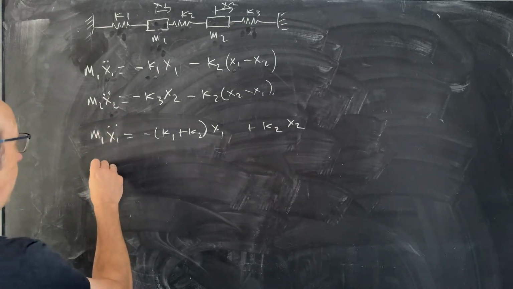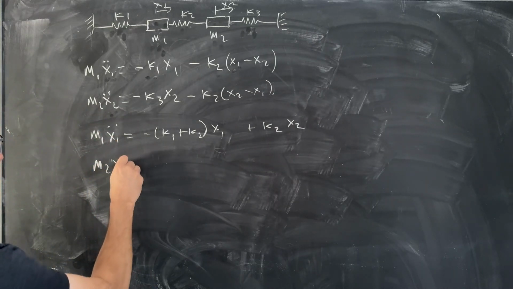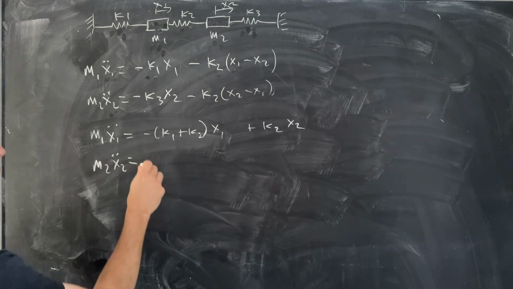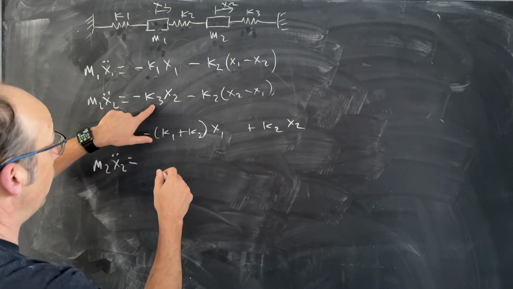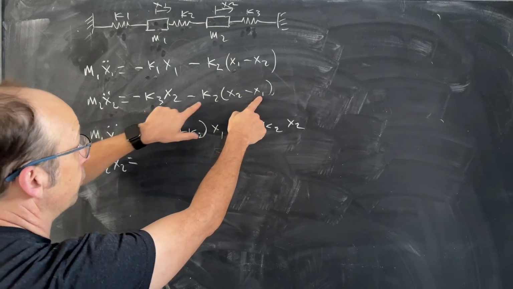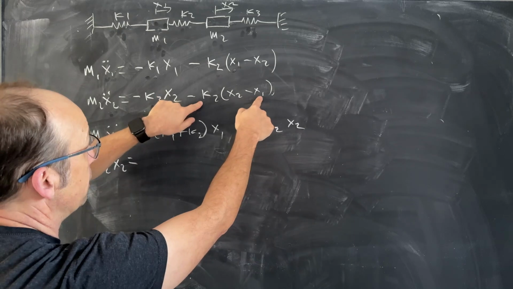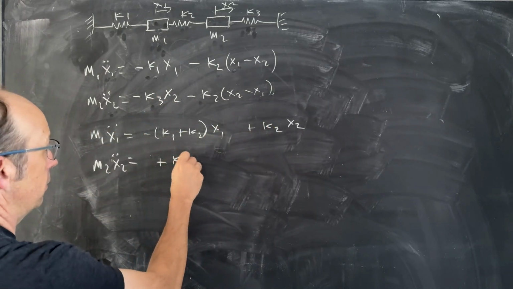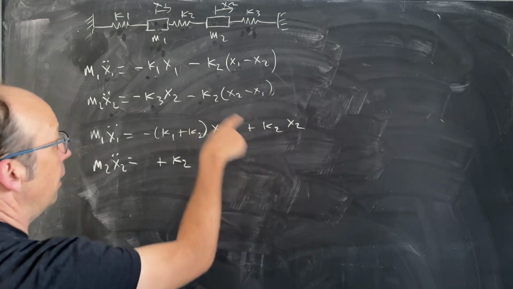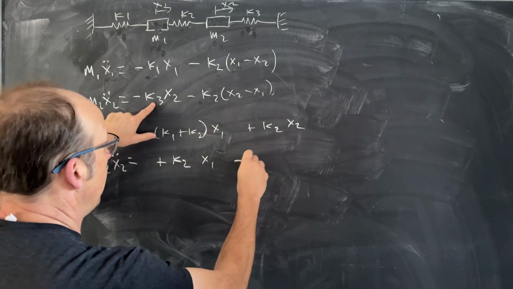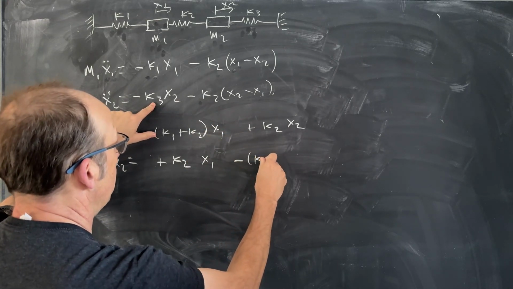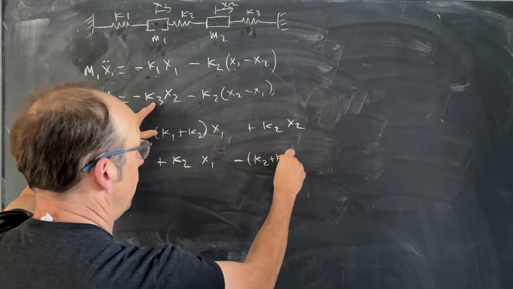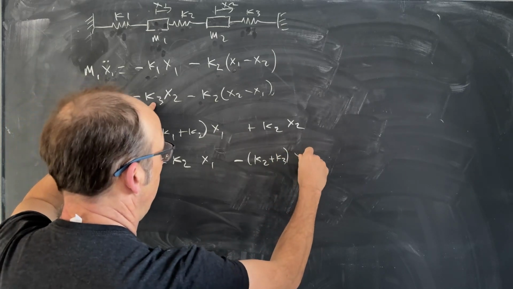Now for the next one, I get m2 x2 double dot. It's going to be equal to, now I only have one x1 term, so it's going to be plus k2 x1. And then over here, I'm going to get minus (k2 plus k3) x2.